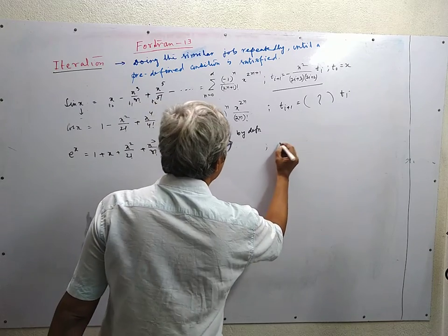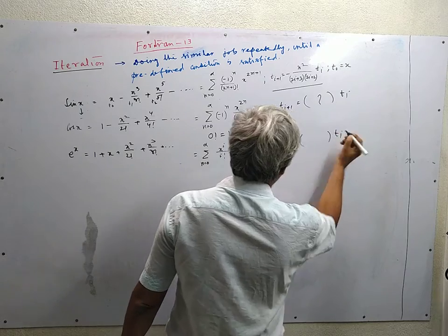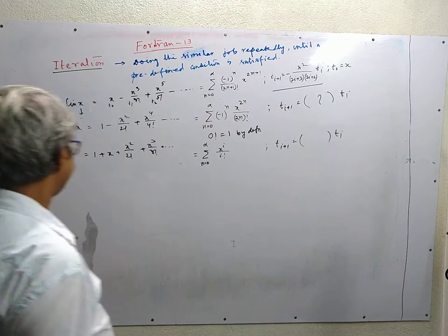Then again go to the iteration relation, and you can calculate the sum.